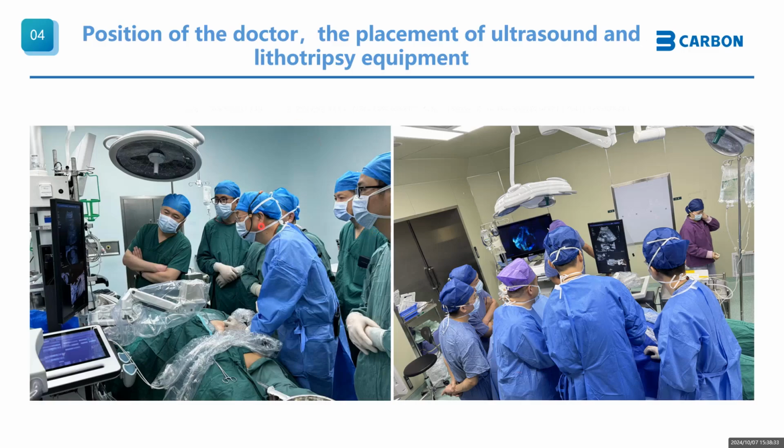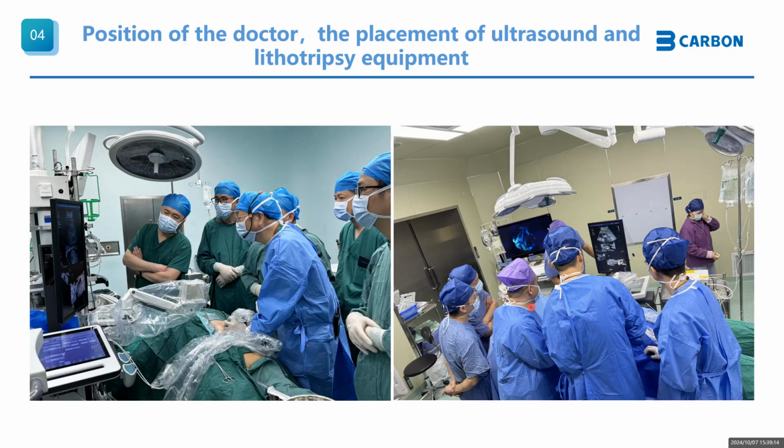And then the doctor's position and the placement of our device and the lithotripsy equipment. From this picture, we can see our fusion venous system and the other surveillance screen. You have to put them on the other side, and then the lithotripsy device may be on the same side as the doctors.